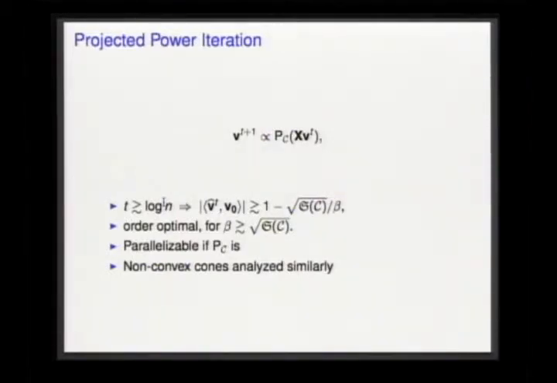So after log n steps, you're going to get an inner product with the signal which is of order 1 minus, again, the same quantity divided by the signal-to-noise ratio. And this works as soon as beta is larger than the square root of the statistical dimension. This algorithm is parallelizable, and it can be used also.